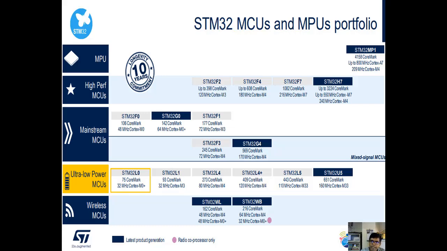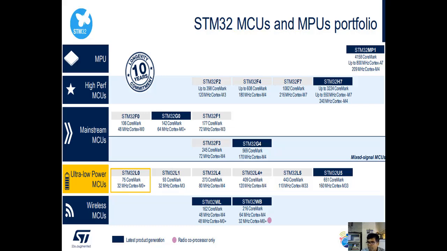And similarly, another area of application of embedded systems is wireless sensor networks as well as IoT. Suppose you are targeting something on LoRa, or Wi-Fi, or Bluetooth. For those kinds of applications, see the microcontroller series STM32 WL and WB.